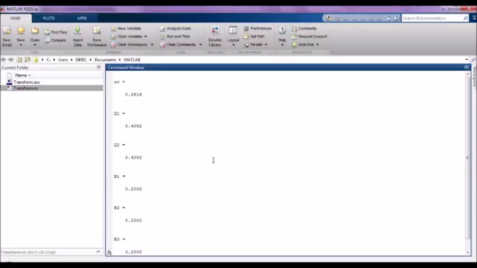So the calculation is, now the resonant frequency is 0.0816, the quality factor is equal to 0.4082, and the bandwidth is 0.2.